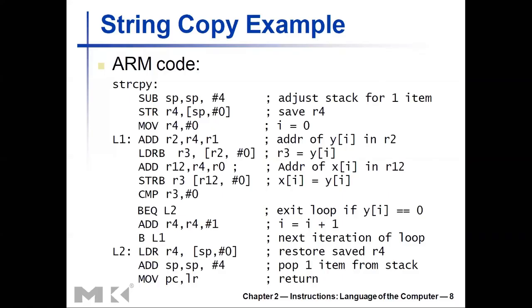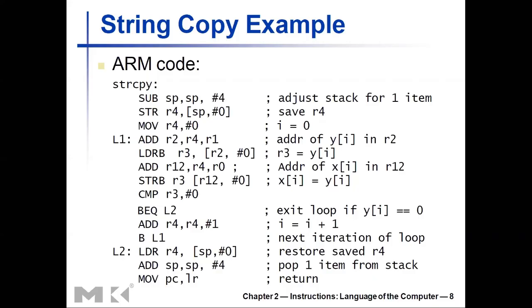So R2 now is going to contain the address of yi, and now you can perform this LDRB operation, since we need to only load a byte from memory, right? Here is an additional detail which might be important to some of you who are looking for more details.